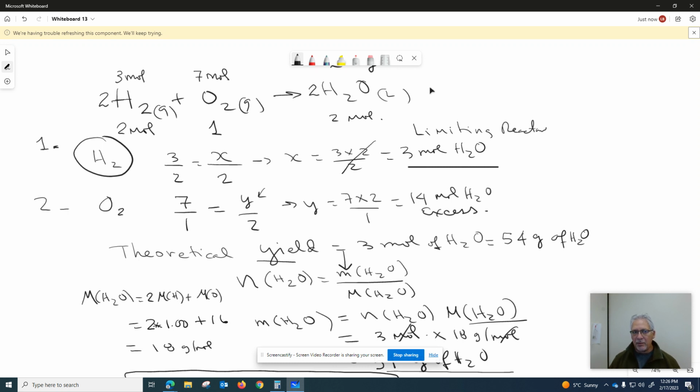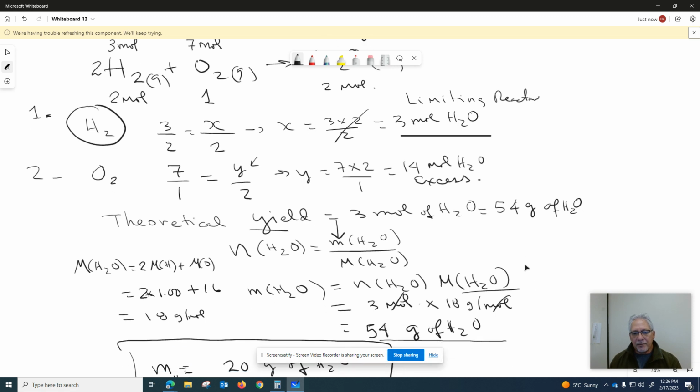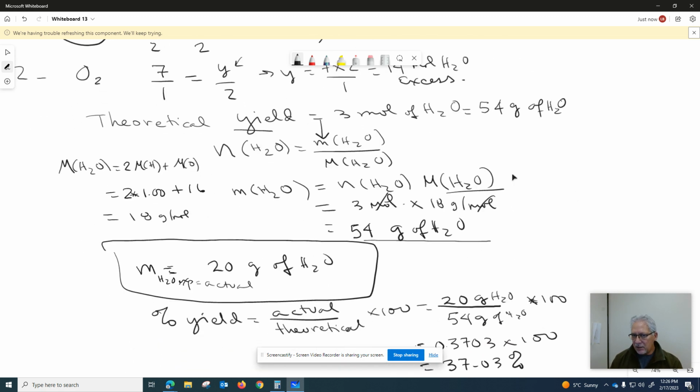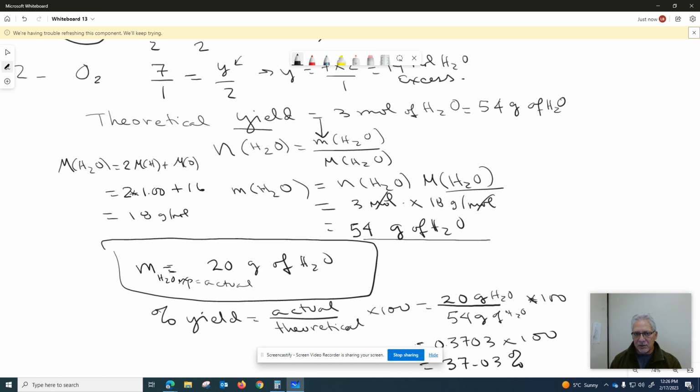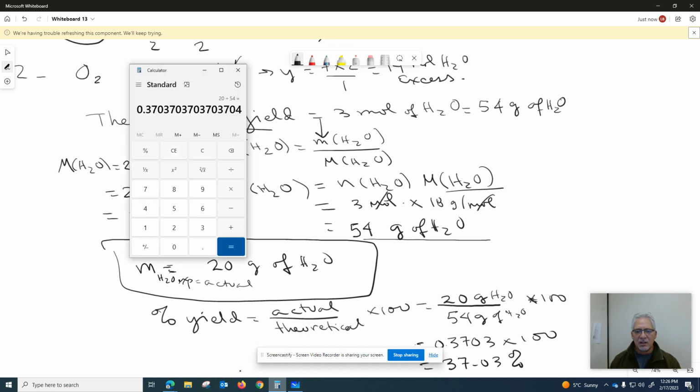And I base my calculation on the balanced chemical equation and the coefficients that I get after balancing. Then after that, I will find the theoretical yield in gram, which is 54, because let me redo the calculation just in case, because I didn't use the calculator. So let me make sure, 3 times 18. Yeah, I think it's the right one, 54, just making sure of that.